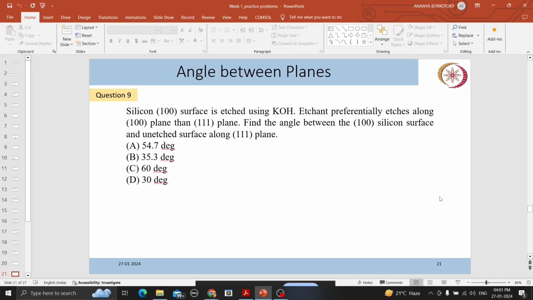This was explained in the video also, if you can recall. But try to calculate it yourself and give the answer. Option A. Yes, 54.7 degrees. Yes, option A is correct. Okay, what about others?